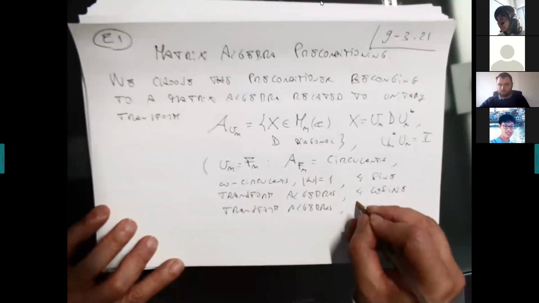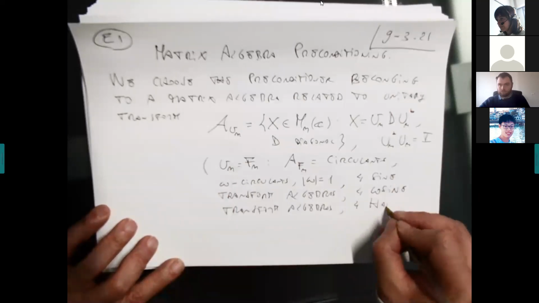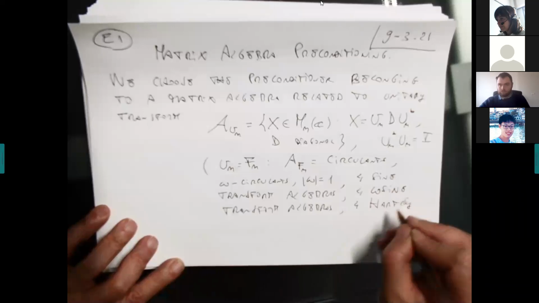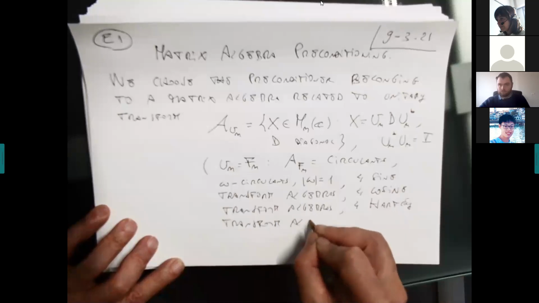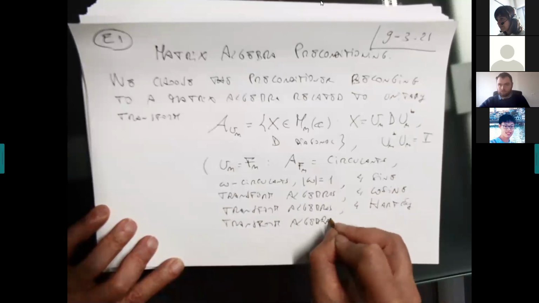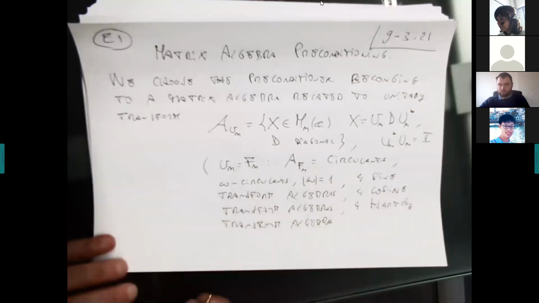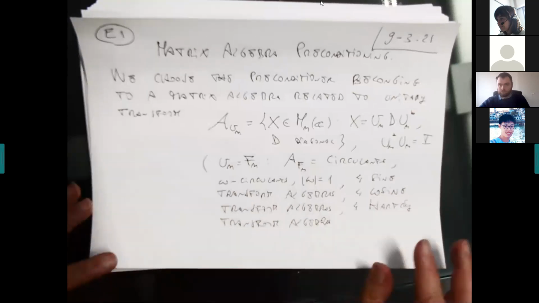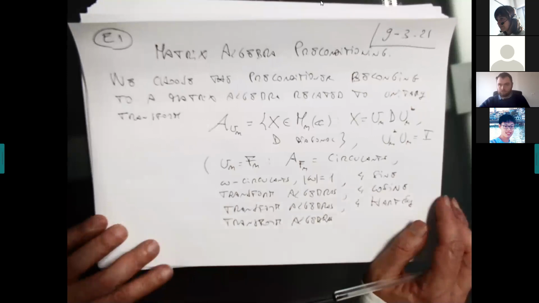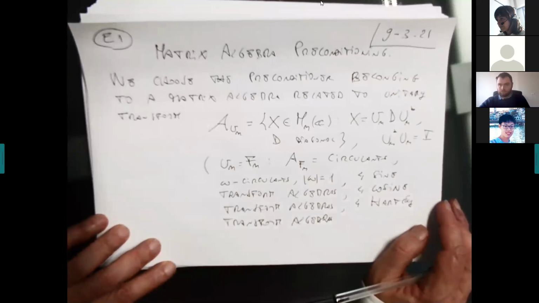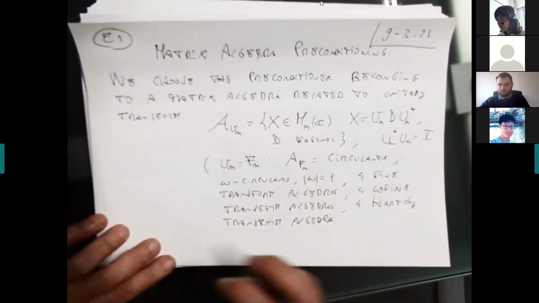Then there are at least 4 Hartley transform algebras. These are sine plus cosine transforms, and they are very much used by engineers because engineers do not like complex numbers, and these are completely real algebras.